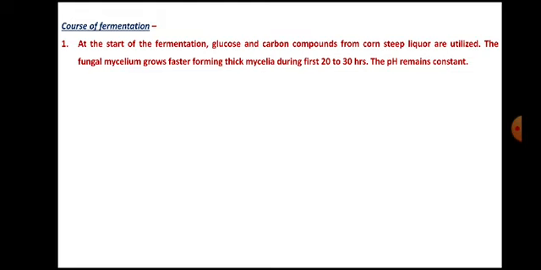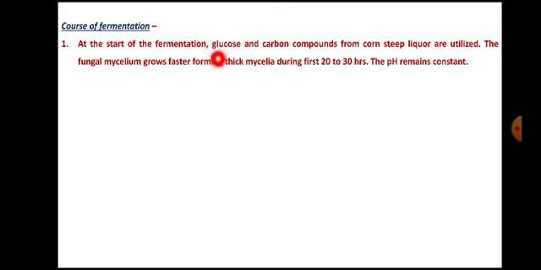In the first stage, at the start of the fermentation, we know that glucose is there in the production medium. So glucose and carbon compounds from corn steep liquor are utilized during the first stage of growth.